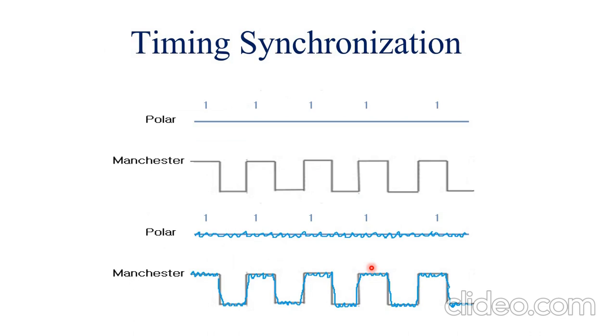If you send a series of ones by polar, you will be sending continuously plus A voltage. In case of Manchester, you will be sending high to low, high to low, high to low signal.